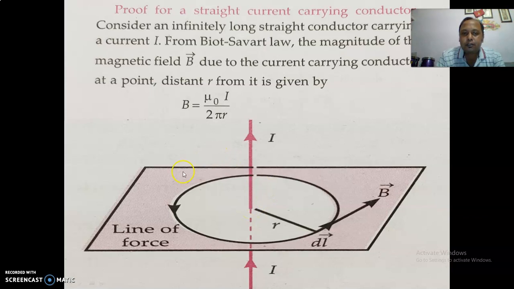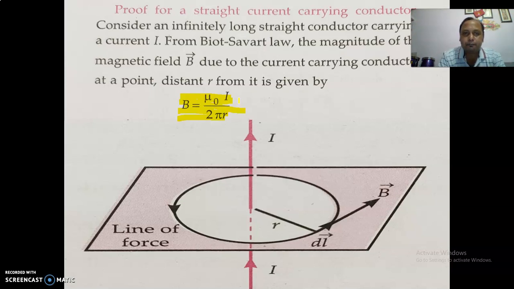Now, we know the formula for magnetic field due to a straight current carrying conductor. You can see here, I am highlighting it. It is mu naught by 4 pi into 2I upon r, where 2 and 4 cancel out and we have the value mu naught by 2 pi I by r, which is shown here.